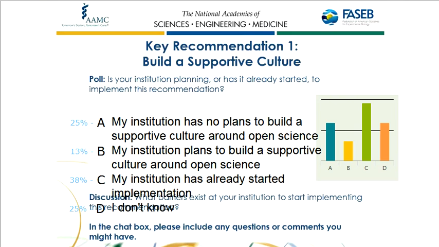Or D, I don't know. So please select what's best. Let's give it a few more seconds and allow people to vote. I can go ahead and check the boxes on the screen as opposed to using the chat box, so it reads all those in the percentages.